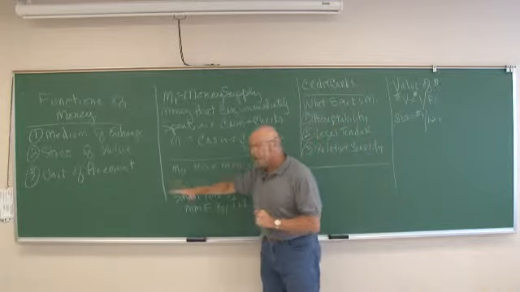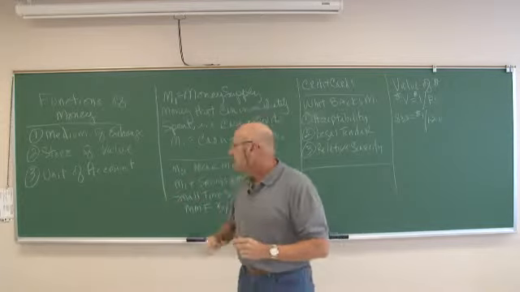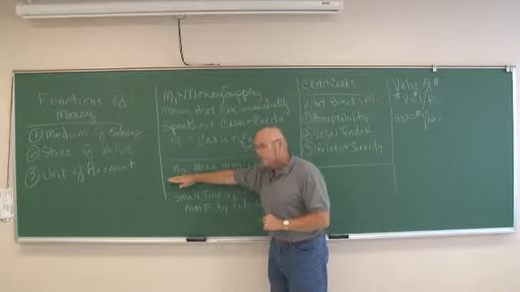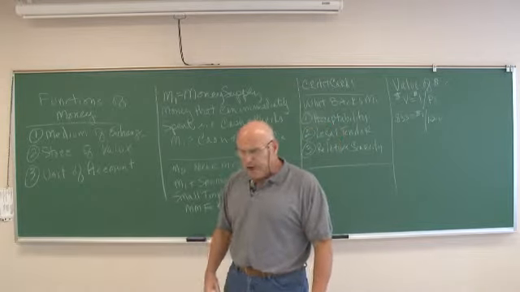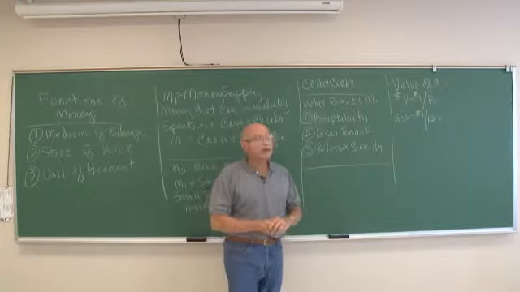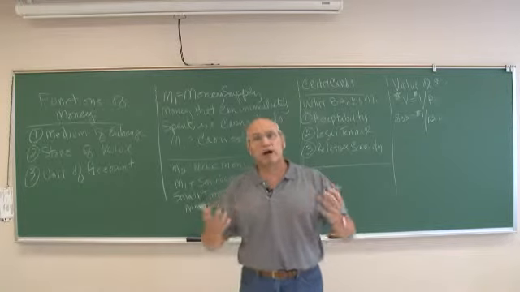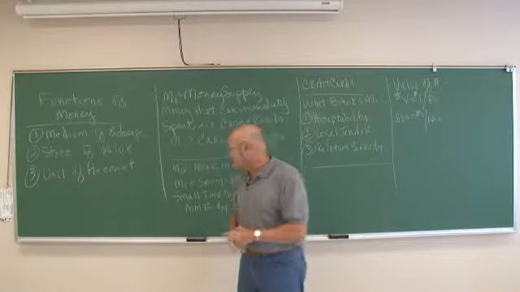We have another category of money that I'm just going to mention. We're not going to spend a whole lot of time on it. It's called M2, and we call this near monies. Near monies would be savings and time deposits that might take time to get out, money market accounts, those types of things.